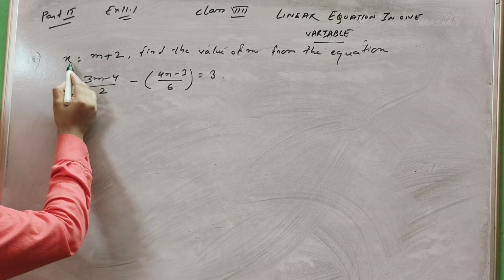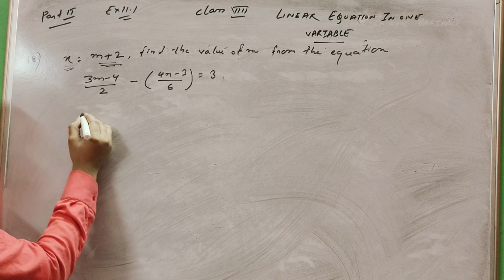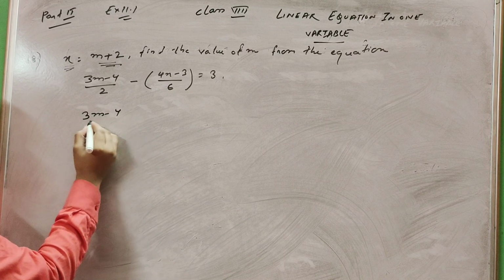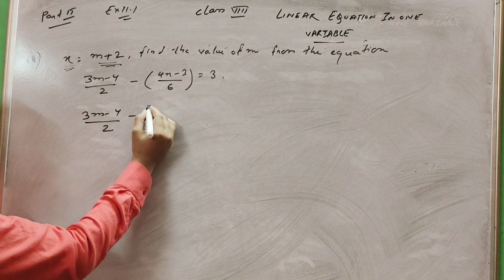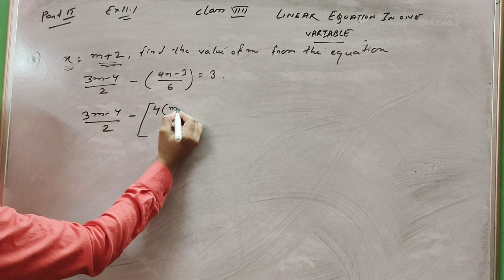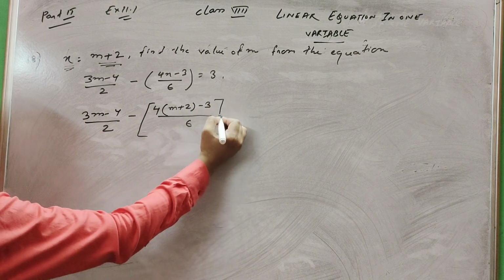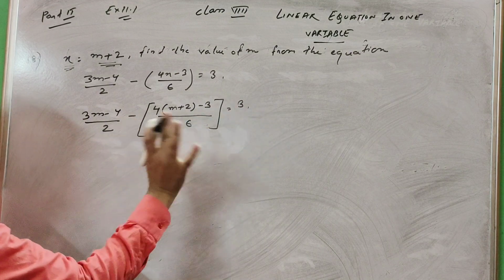First of all we see the value of x equals m plus 2. Clear? So (3m minus 4)/2 minus, in place of x we write down m plus 2, (4(m plus 2) minus 3)/6 equals 3.